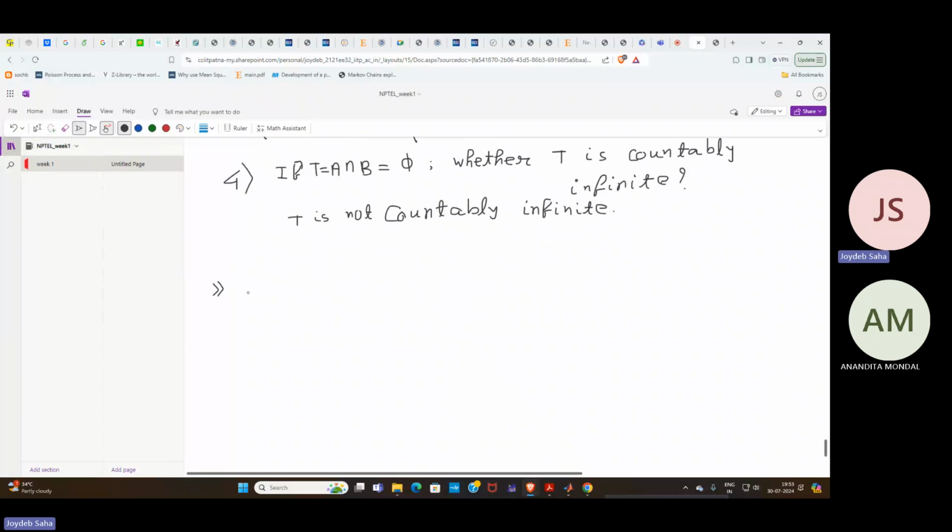Let us say a set is A, and A is ln n, such that n belongs to the set of natural numbers, that is mathematical N, whatever you say.